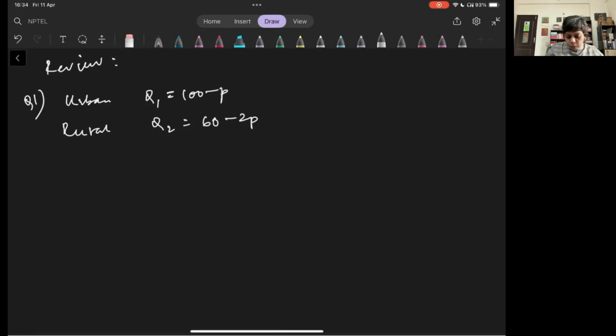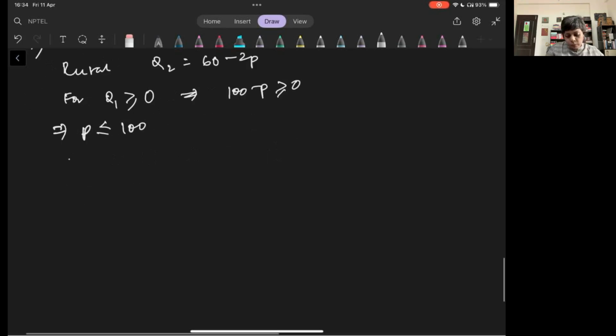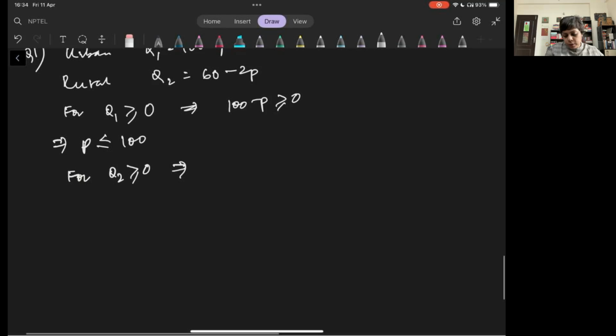So for Q1 to be greater than or equal to 0 implies 100 minus P is greater than or equal to 0, implies P is less than or equal to 100. Now for Q2 to be greater than or equal to 0 implies 60 minus 2P is greater than or equal to 0, implies 2P is less than or equal to 60, P is less than or equal to 30.